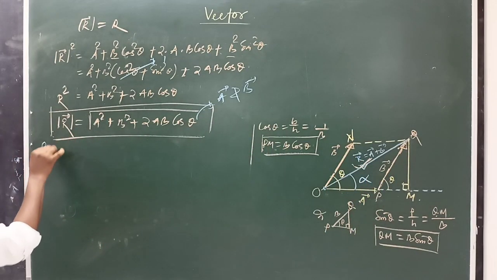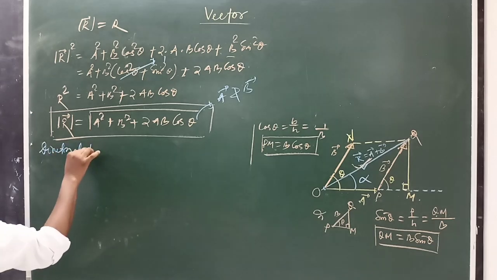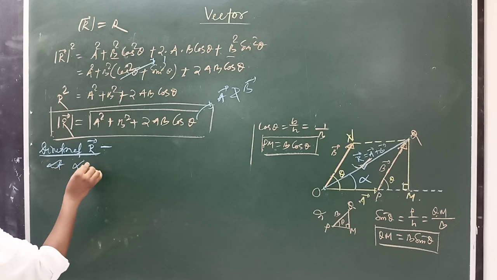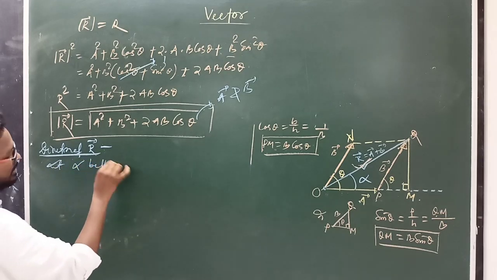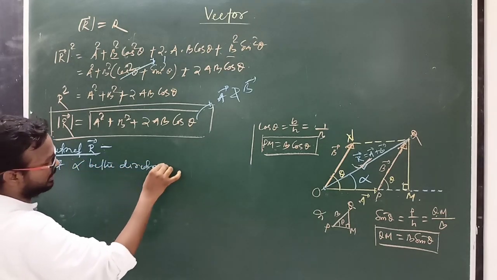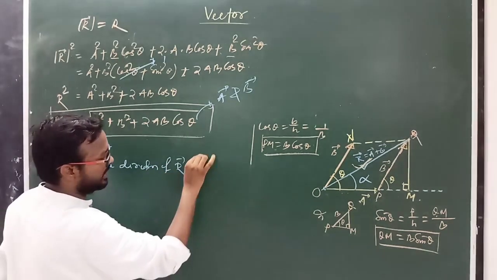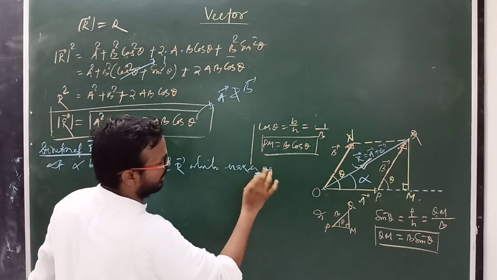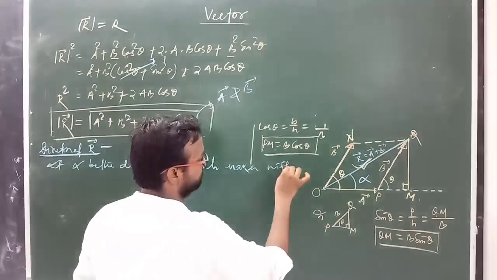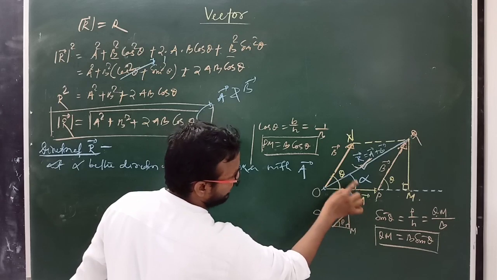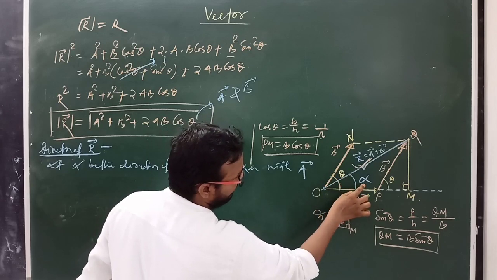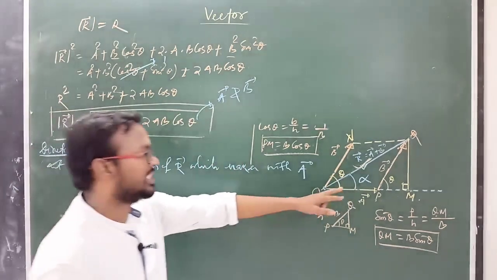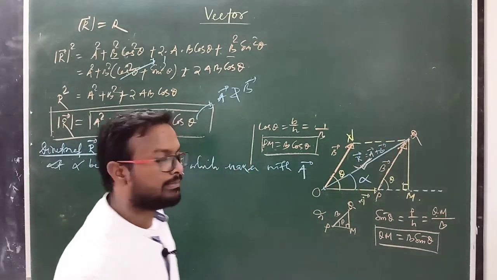So for the direction of the resultant vector R, let alpha be the angle which R makes with the A vector. Alpha is the angle between the resultant and the A vector, and this alpha gives the direction of the resultant vector.